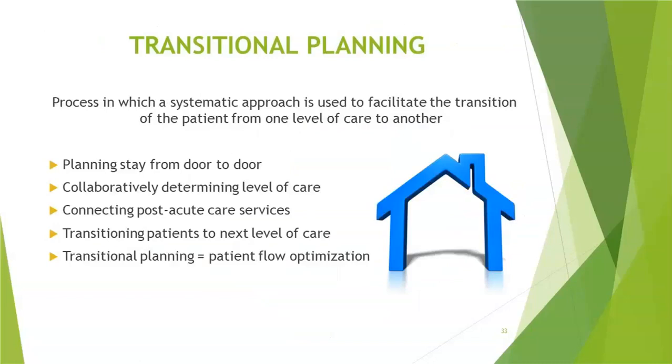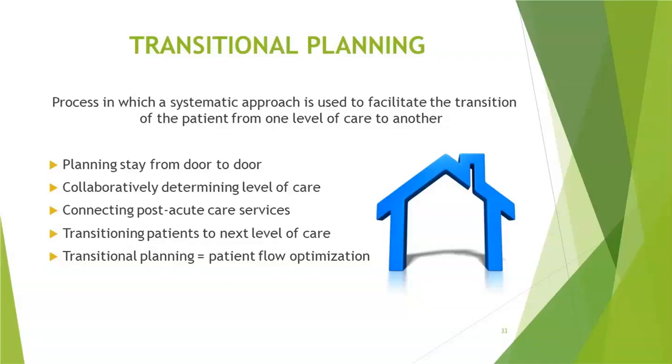So transitional planning is really a way to facilitate the transition of that patient from one level of care to another. And this really has to do with one level of care to another within the acute care setting. So planning your stay from door to door. As your patient enters and you begin assessing that patient and thinking about where they're going to go after discharge from the hospital, you've got to think about what the plan will be to effectuate that movement.